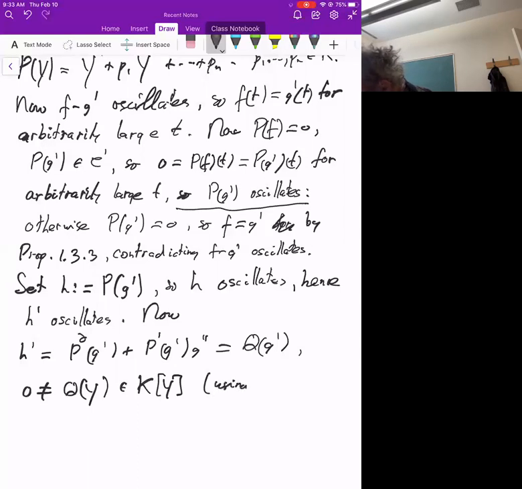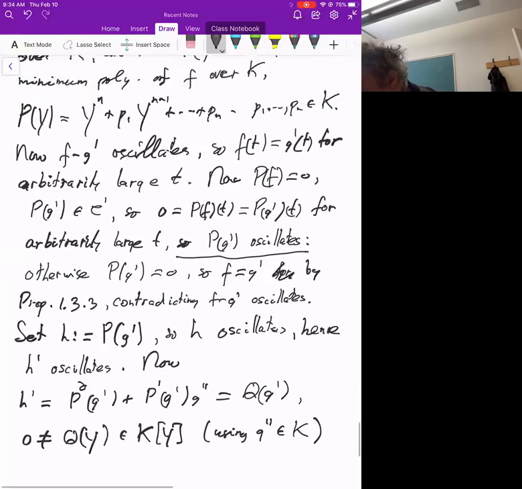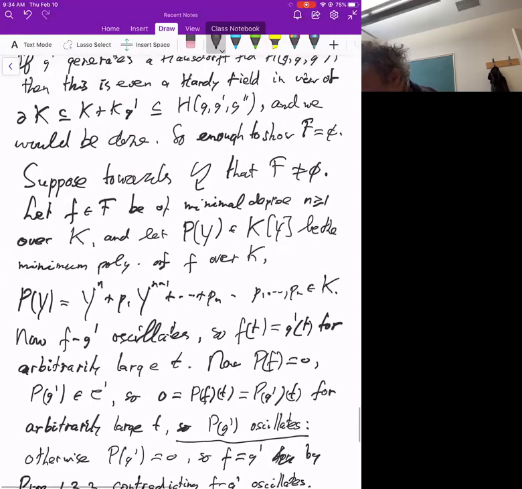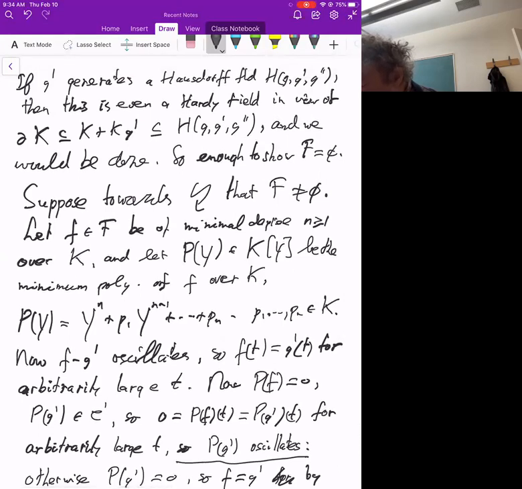Using the fact that G double is in K. The coefficients of P lie in delta K, which is, in other words, they are sums of elements in K and then K times something in G prime.